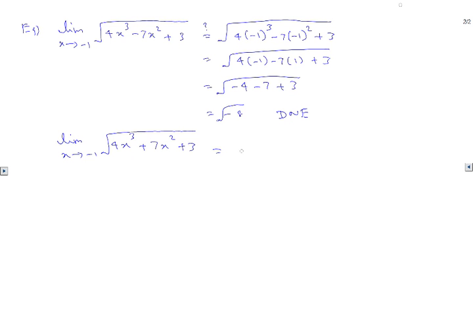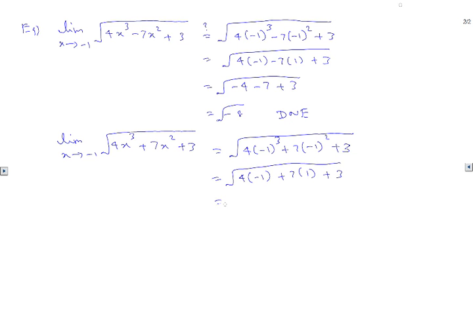Again, we're gonna plug in the value. We're gonna see 4x cubed plus 7x squared plus 3, square root. So you're gonna get 4(-1)^3 is -4 as before, plus 7(-1)^2 means 7, plus 3.